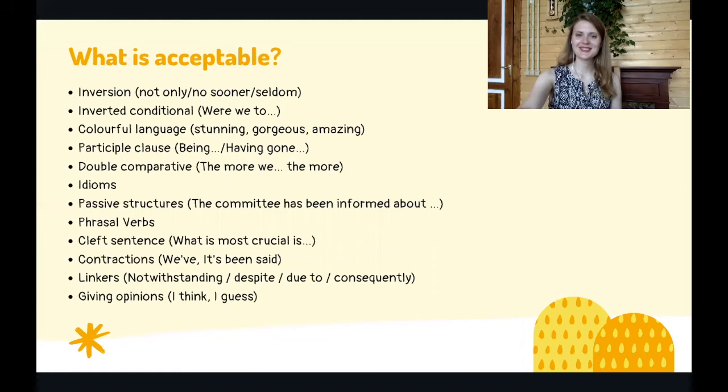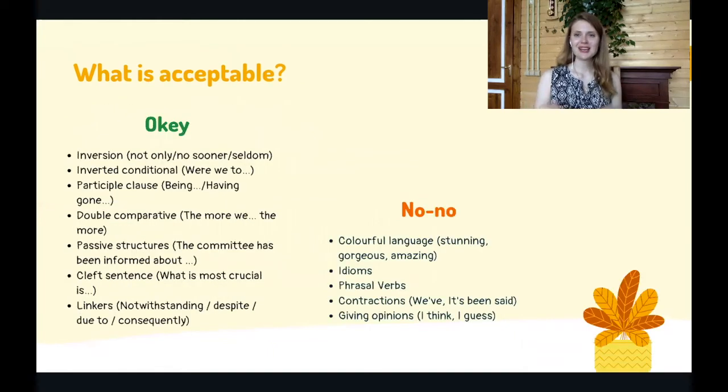Okay, let's do it. So now you see it on the slide. So what is okay? Inversion, inverted conditionals, participle clauses. You see, in this case, you kill two birds with one stone. On the one hand, you seem professional, you seem formal. On the other hand, they make your report look beautiful.